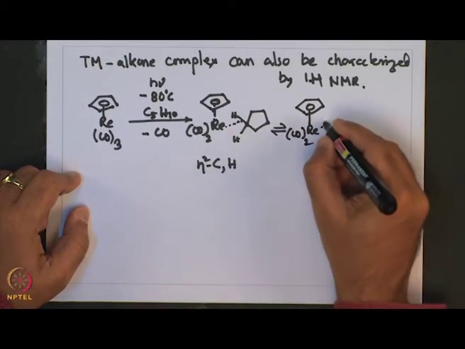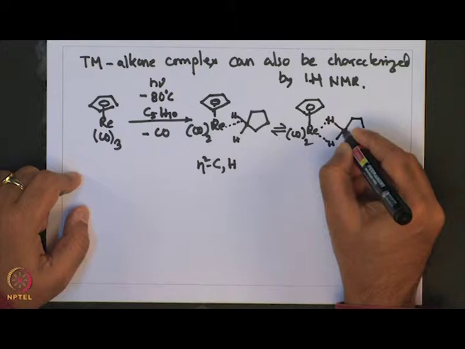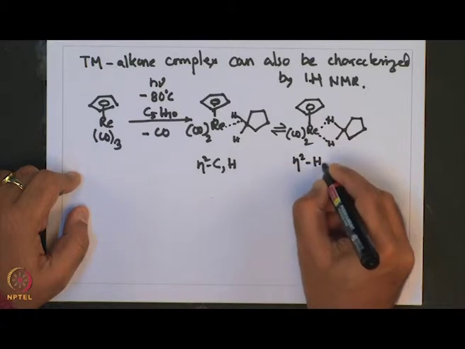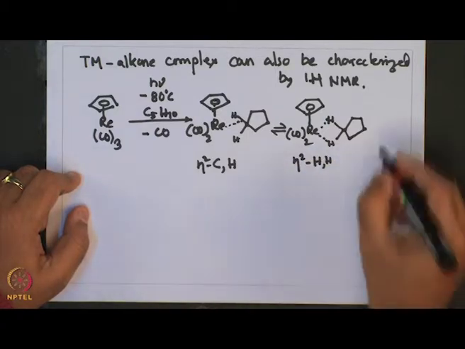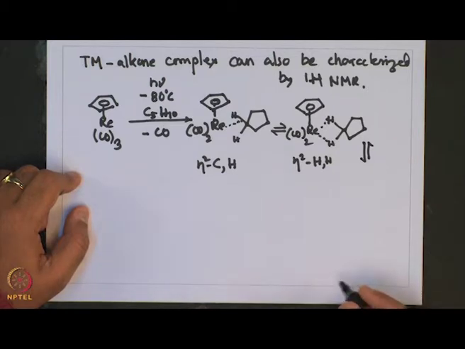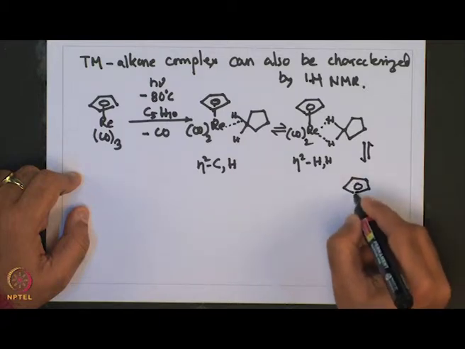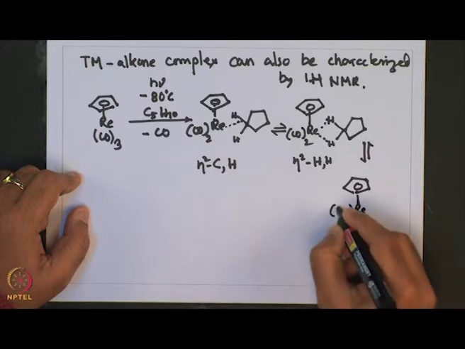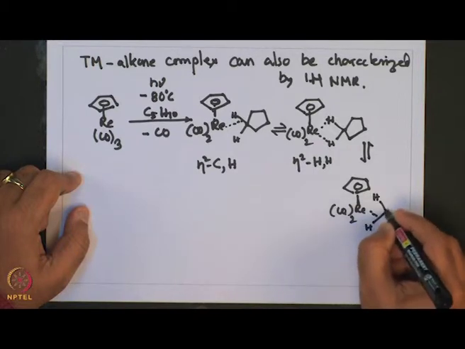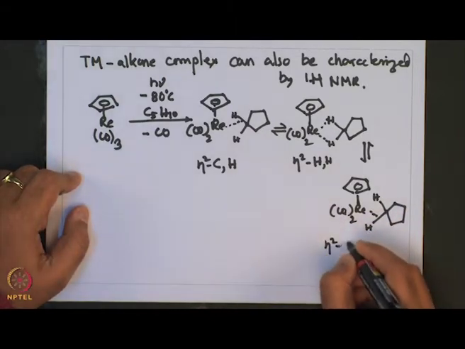For example, of this type, which is eta 2 HH, and that can also undergo exchange to show a binding of this type, which also is an eta 2 CH.